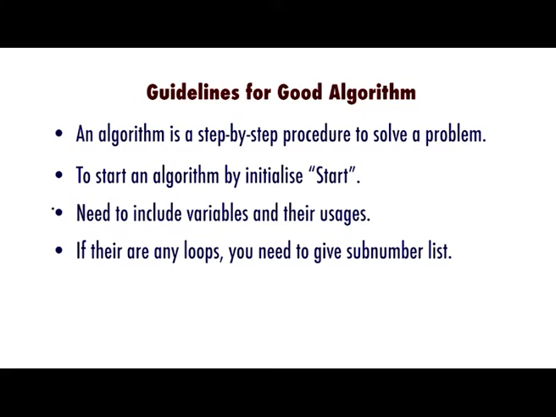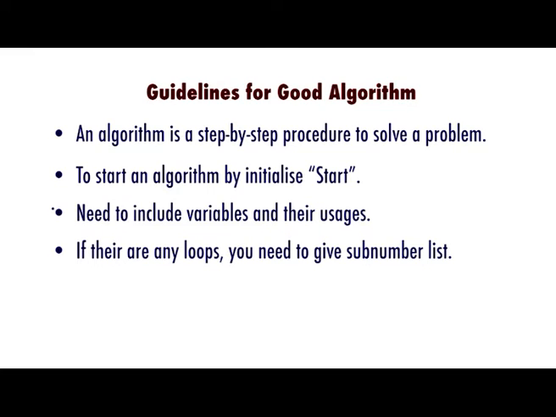Before we see the step by step form, we will also see what the guidelines are for writing a good algorithm. Algorithm is a step by step process. To start the algorithm, you need to write either begin or start to start the process.